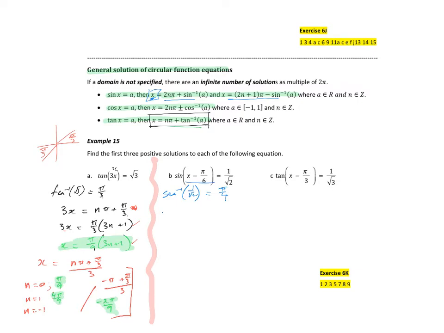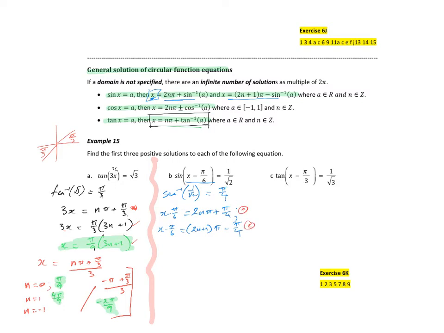So x minus pi on 6 is equal to, there's my rule, 2n pi plus sine inverse, which is pi on 4, or x minus pi on 6 is equal to (2n plus 1) pi minus sine inverse, which is pi on 4. So there are two separate little rules there to give me both my answers.